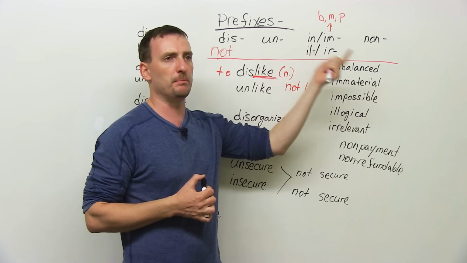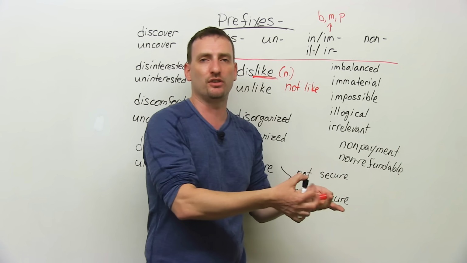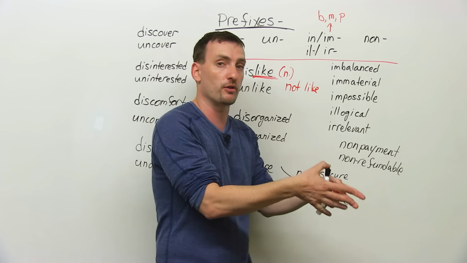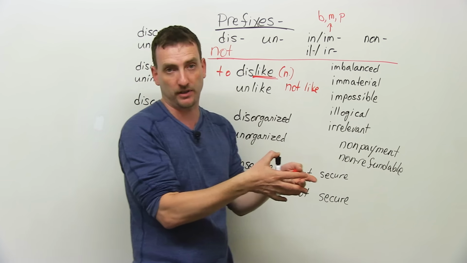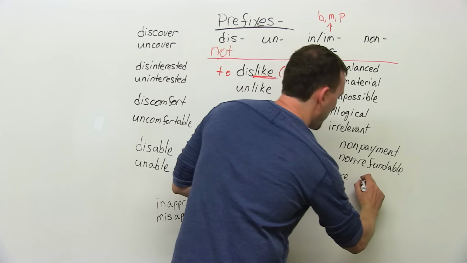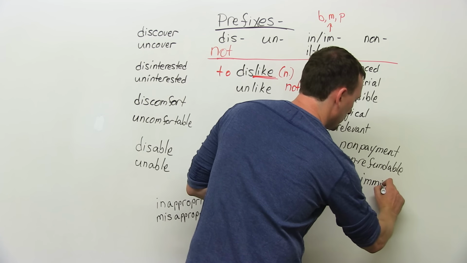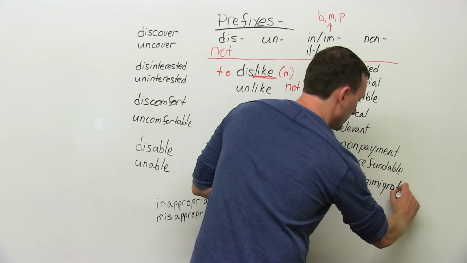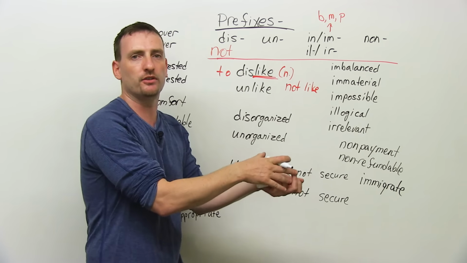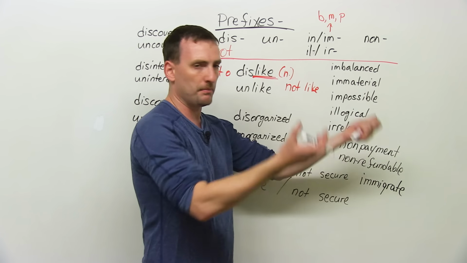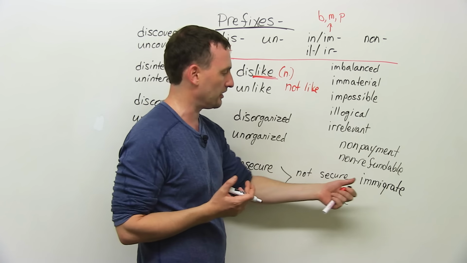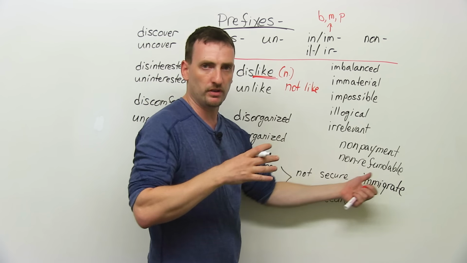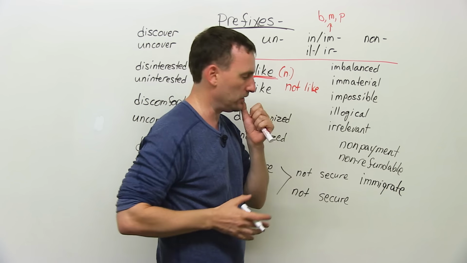For example, it can mean to put something into or show direction towards the inside of something, right? So for example, immigrate means migrate into a country. So come into a country, I should say, sorry. Migrate, move into a country.